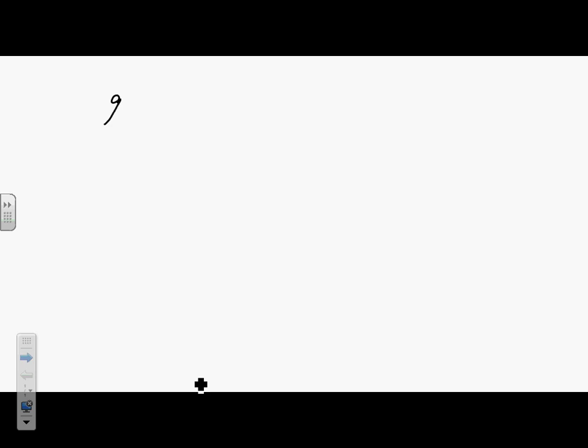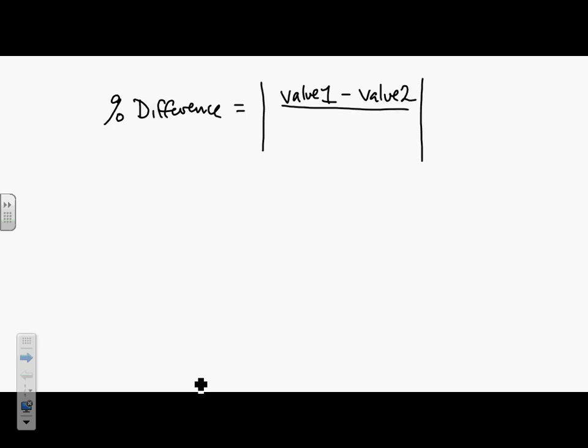So how does percent difference work? Percent difference works by comparing the two values together. So we have two values, value 1 and value 2, and we're going to subtract those. And then we're going to divide by the average value, the average of those two numbers, and then we'll multiply it by 100 to get a percentage. So the two values that we're comparing are the first acceleration, 2.14 meters per second squared, and the second acceleration, 2 meters per second squared.